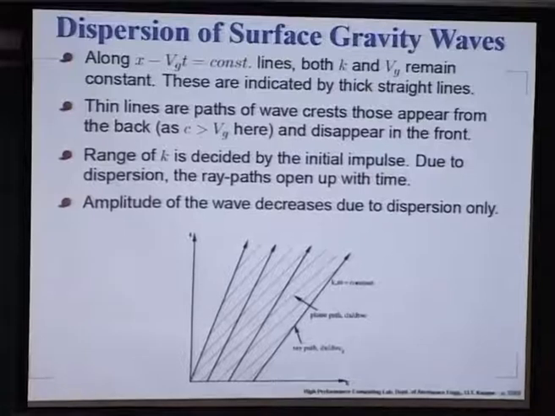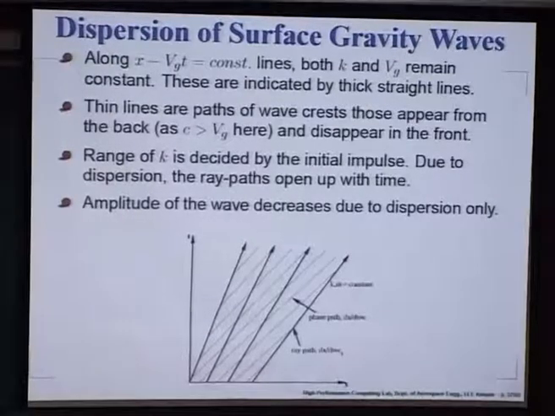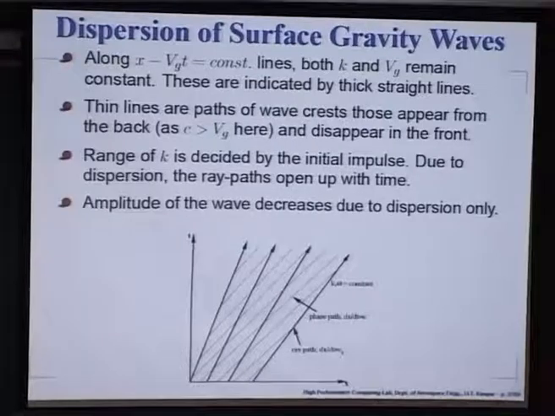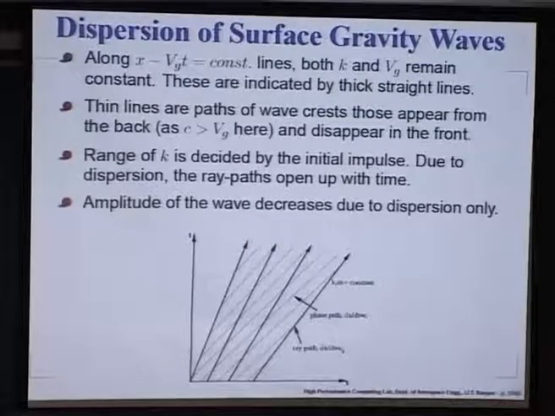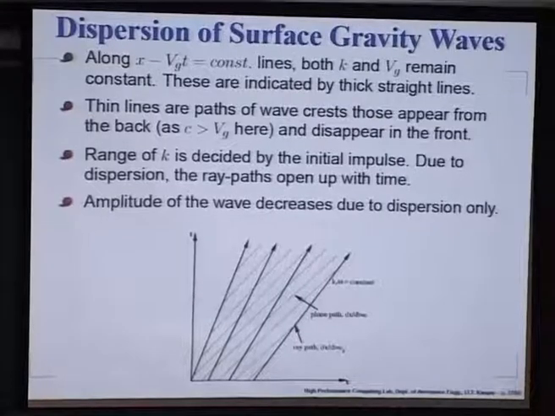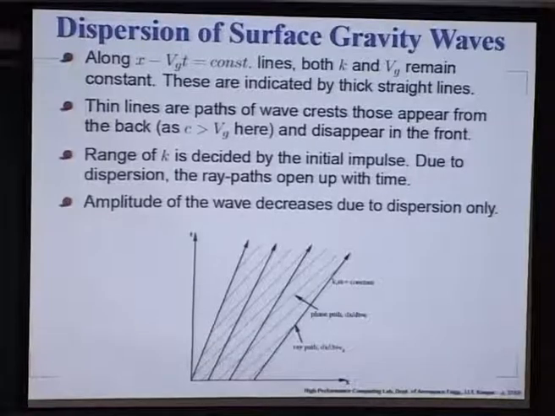So, what we find then is that at time t equal to 0, I have created some band of disturbances in this range of x. With the passage of time, that band widens because of the dispersion effect. What I can see is that the ray path given by dx dt equal to V g defines where I would see the actual disturbances, because that is the speed at which energy is going.